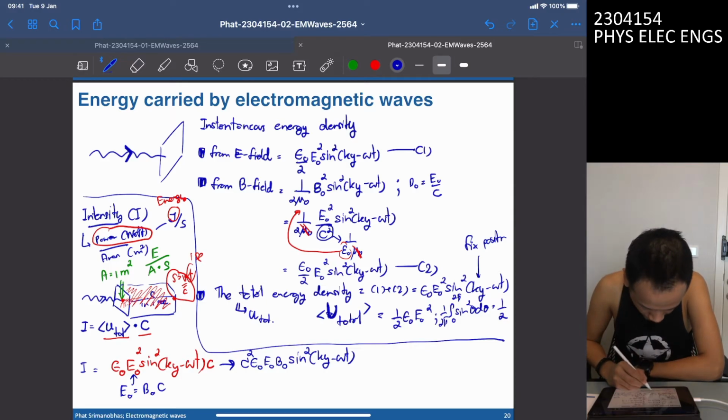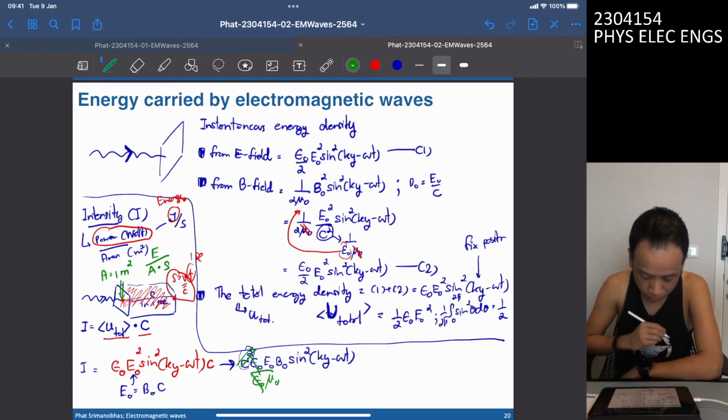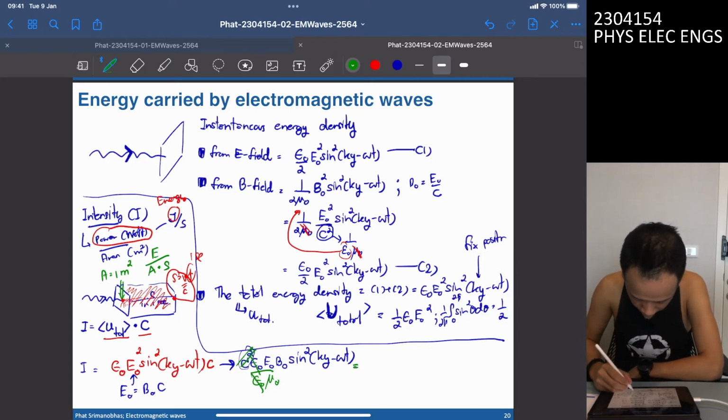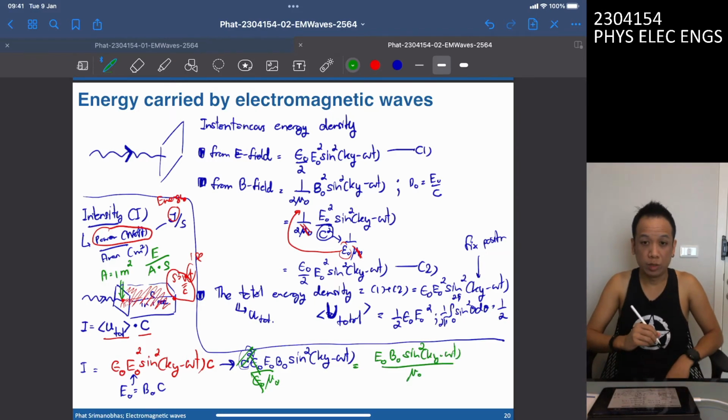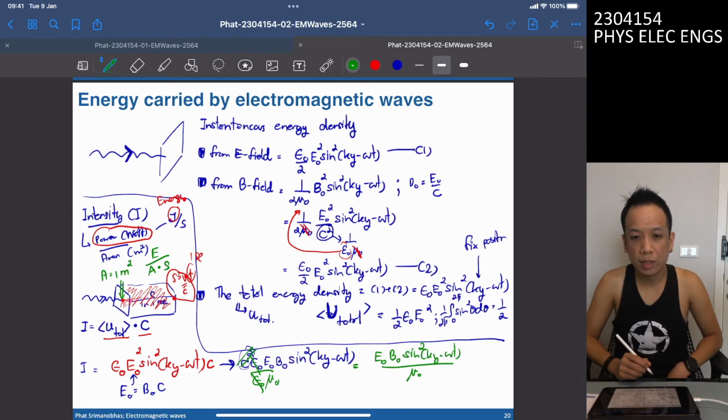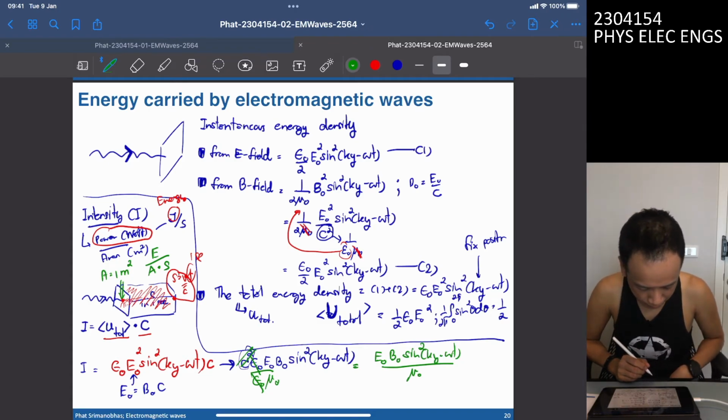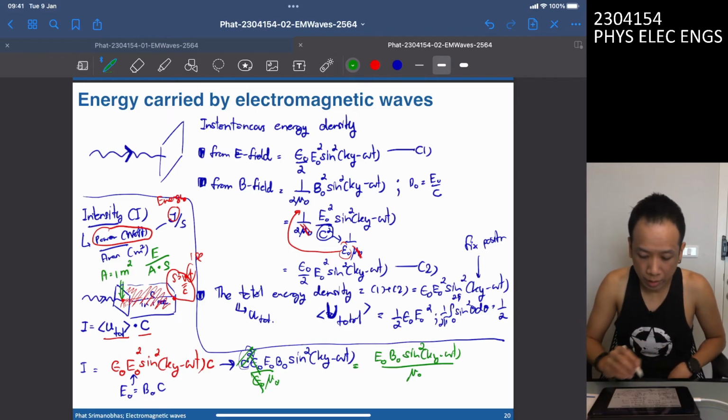And then for c squared, you know that c squared becomes 1 over epsilon 0 mu 0, so this thing cancels. So finally you have E0 B0 psi square of ky minus omega t divided by mu 0. So this is the instantaneous intensity.